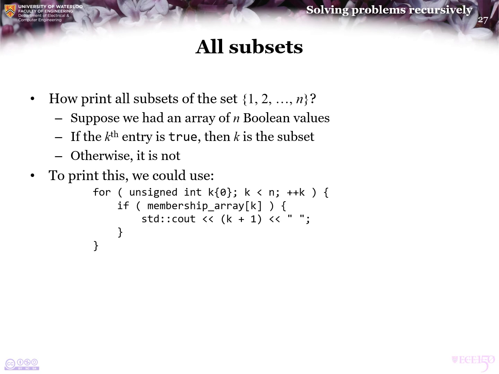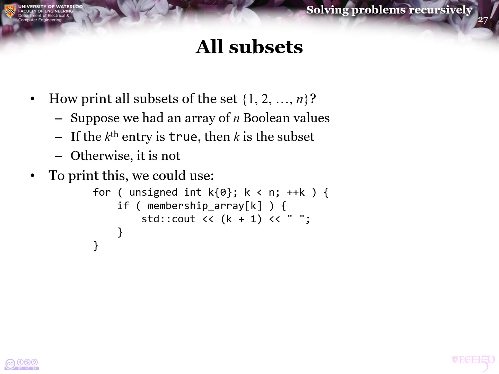We could therefore, given any state of the array, print all the values. So here we see a for loop which loops from the index k being 0 all the way up until n minus 1.